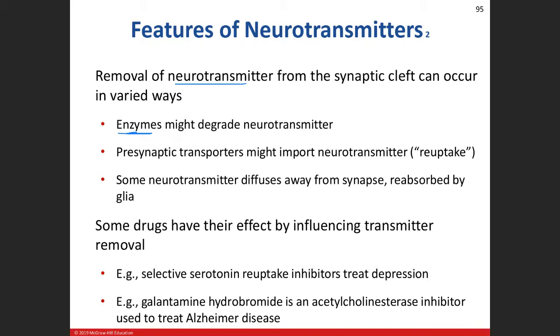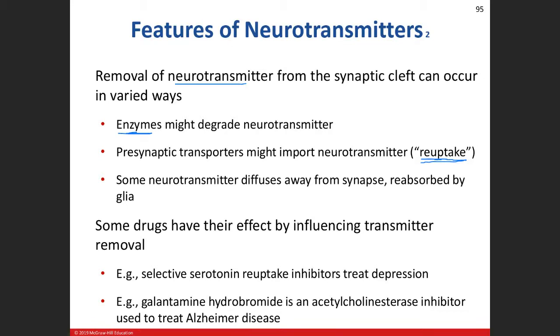Another way to do it is what we call reuptake. The presynaptic neuron has machinery in its membrane to hoover up all of that neurotransmitter back into the synaptic knob.